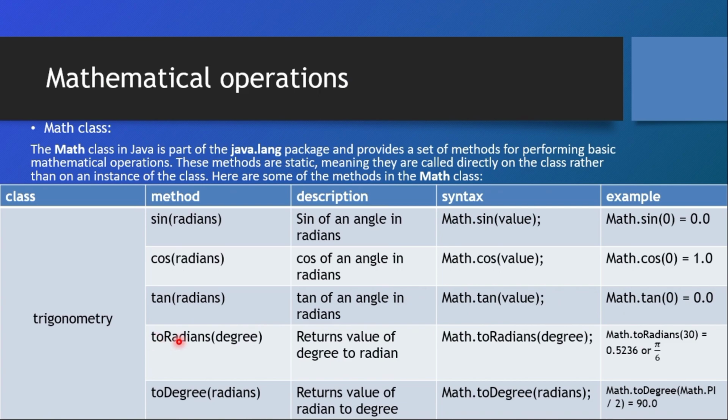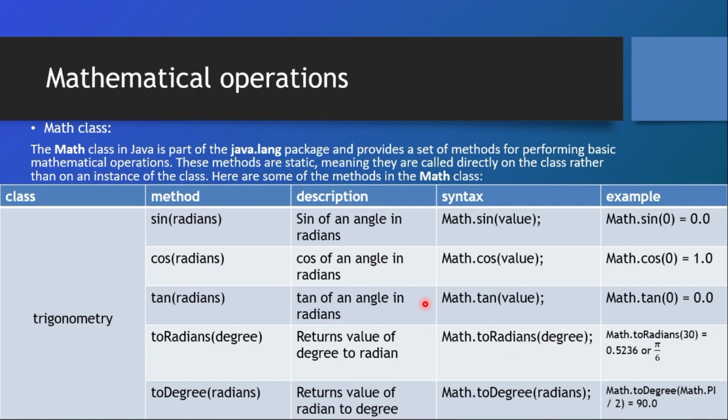Then we have a toRadians method. This takes any value in degrees and turns it into radians. So it returns a value of degrees converted to radians, right? So the syntax here is Math.toRadians.